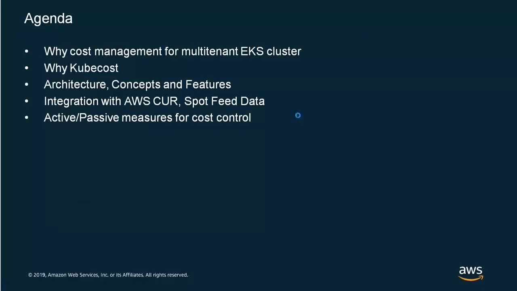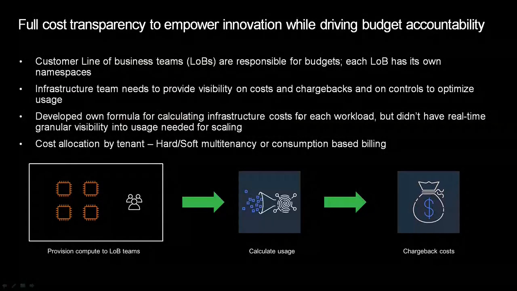Let's get started. So first of all, just a little bit of recap: why do we need a separate cost management tool for Kubernetes? That should be the primary question that is coming up. If you are already using Kubernetes with AWS, which is a managed Kubernetes provider like EKS, you probably already know that Kubernetes by default provides support for multi-tenancy.